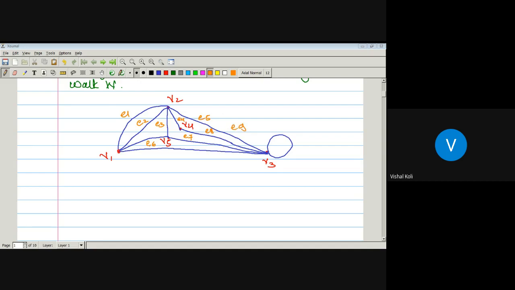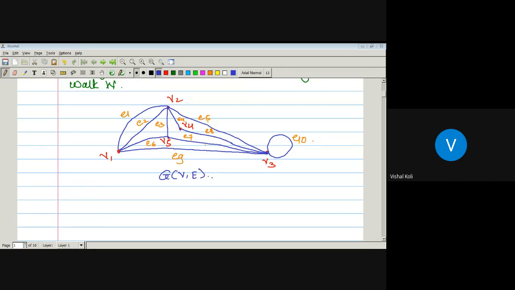Sorry, it is e1, e2, e3, e4, e5, e6 is there, edge e7, edge e8. Already we have given edge e5, edge e9, and edge e10. So this will be a graph G with vertex set V and edge set E.